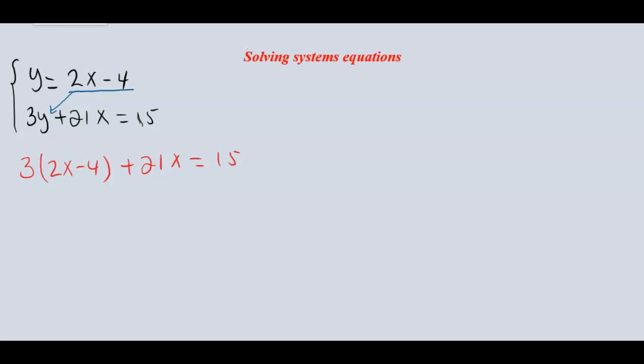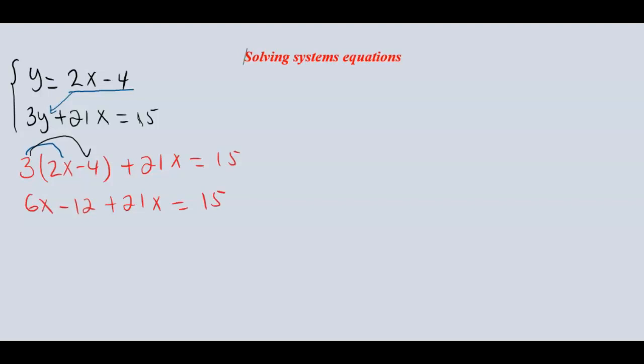All right, so we're gonna have 3 times 2x, and we're also gonna have 3 times negative 4. 3 times 2x is 6x, and 3 times negative 4 is negative 12, plus 21x equal 15.